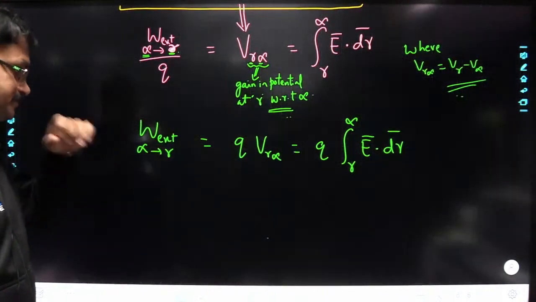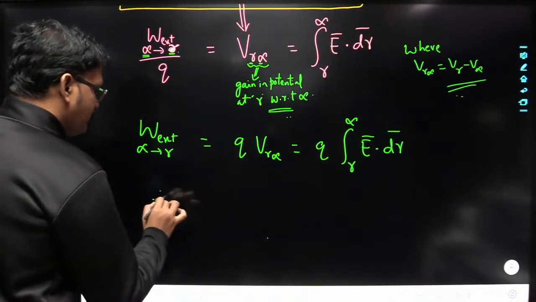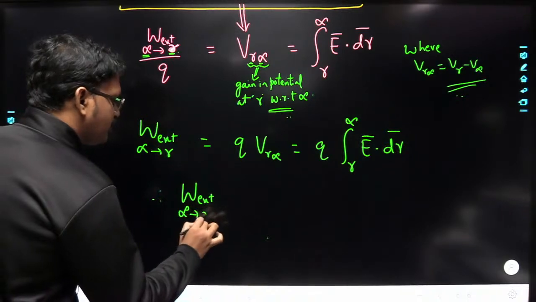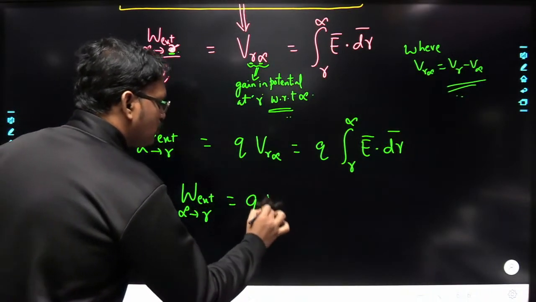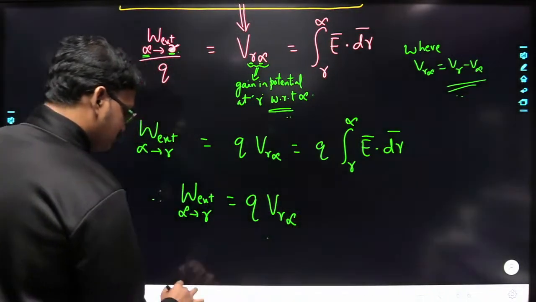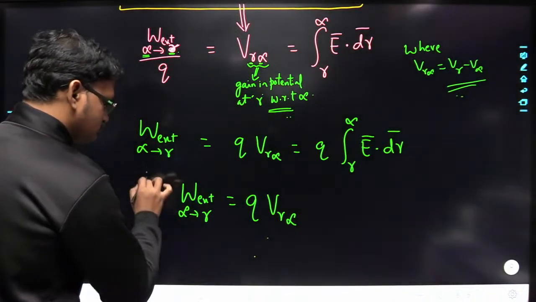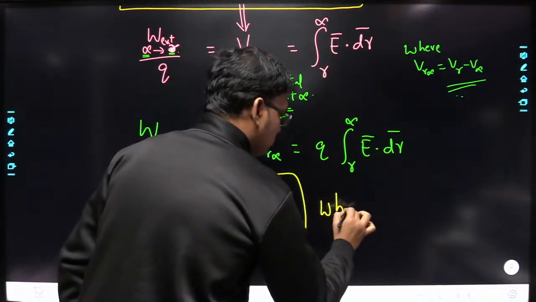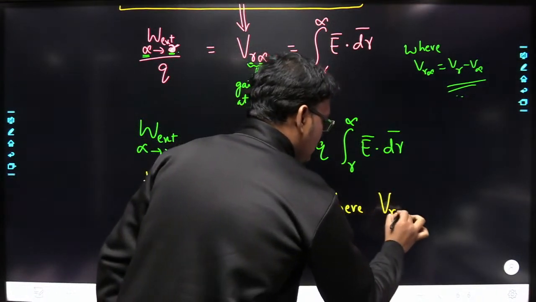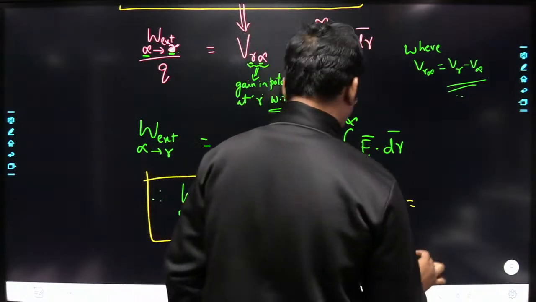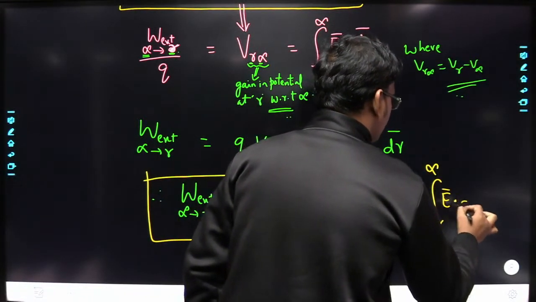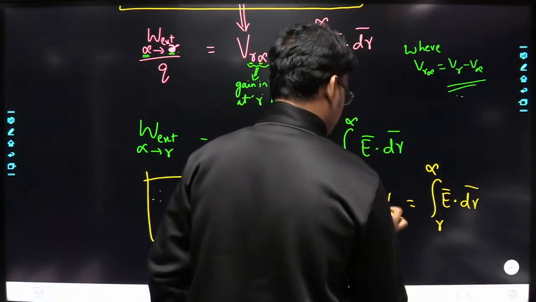Therefore, the work done by the external agent in moving the charge from infinity to r is equal to q into V_r∞, where V_r∞ is equal to the integral from r to infinity of E bar dot dr bar.